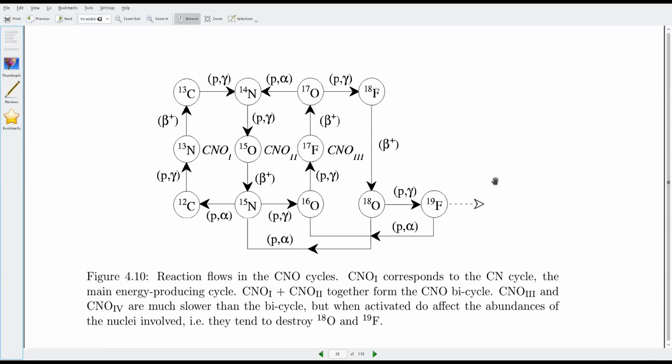So not a real production of these elements, they are just destroyed. If these elements are present, they are destroyed and transformed into helium. This is quite complicated. You have several cycles, but this is really important.